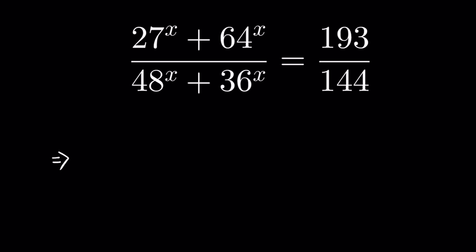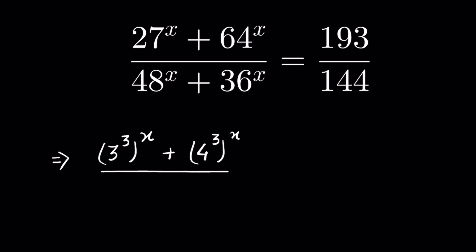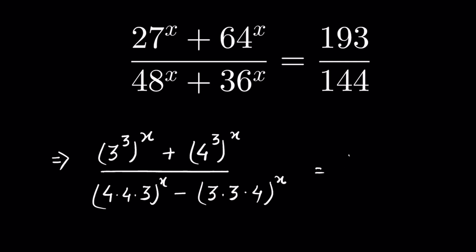Now 27 we can write as 3 times 3 times 3, then whole to the power x, plus 64 as 4 times 4 times 4, then whole to the power x, upon 48 as 4 times 4 times 3, then whole to the power x, plus 36 as 3 times 3 times 4, then whole to the power x, is equal to 193 upon 144.